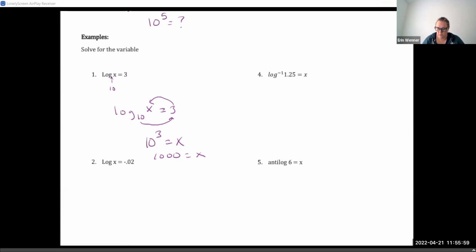Okay, so log base 10 of x equals negative 0.02.